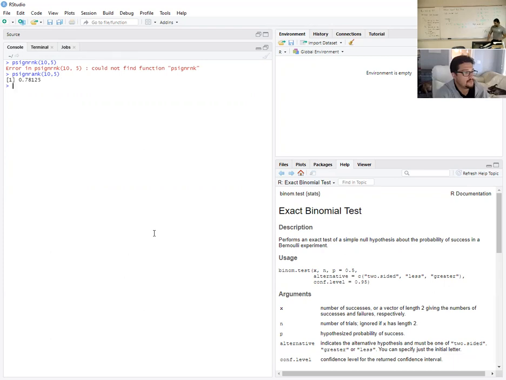Now, if I adjusted this and put it as 10.5, I get 0.84375. 11.2, I get 0.84375. 11.5, I get 0.90625.